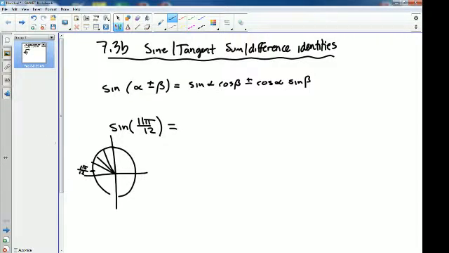This is 2 pi over 3, 3 pi over 4, and 5 pi over 6. Thank you. All right. Again, write those in terms of twelfths, and it will probably become very obvious what we need to do here.